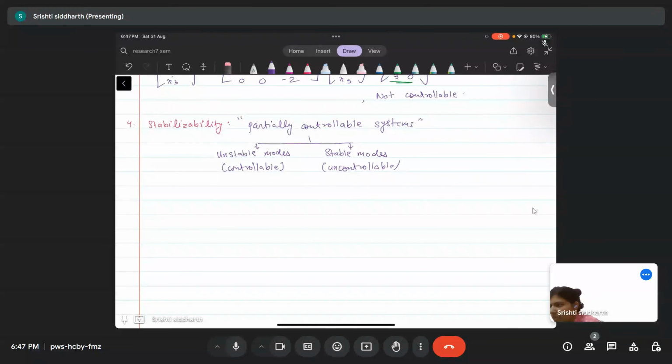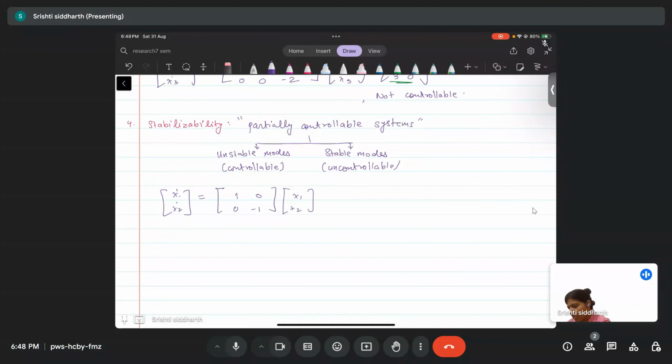So let's see. Let's consider that the system has been diagonalized. This is a second order system. So 1, 0, 0, and -1. So by modes we mean eigenvalues. So we want to talk about which of the eigenvalues are controllable and which of them are not. So we have to reduce this to a diagonalized system.